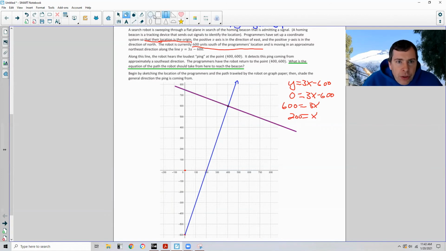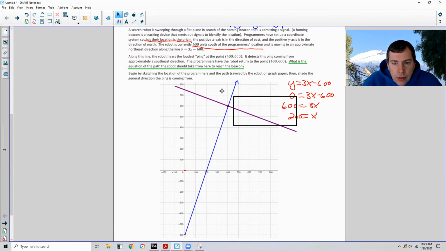So if I choose a rectangle, rotate it so it's parallel to the blue on one side, then I would say the direction can't be exact, so I'd say the direction is somewhere in this vicinity.